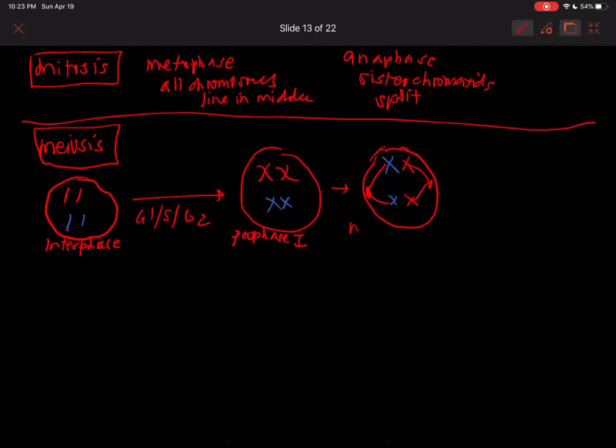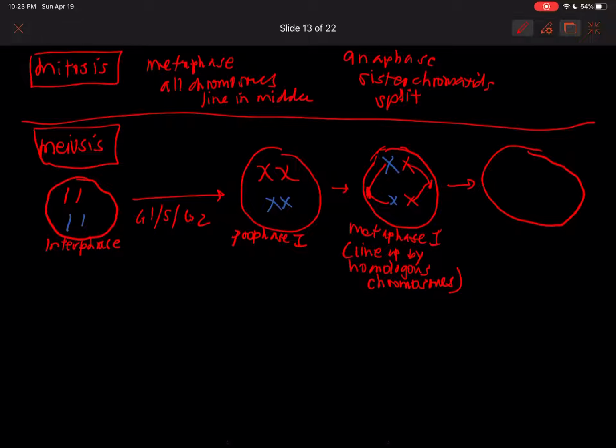Okay, so for metaphase 1, they're lining up by homologous chromosomes. And during anaphase, you're going to separate the homologous chromosomes.